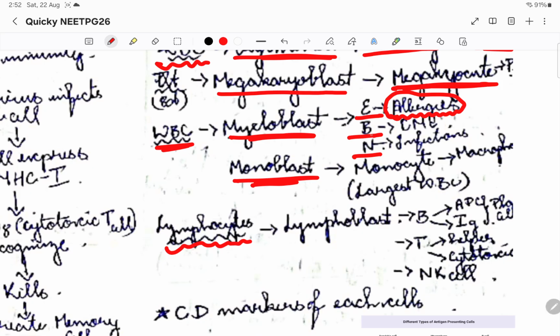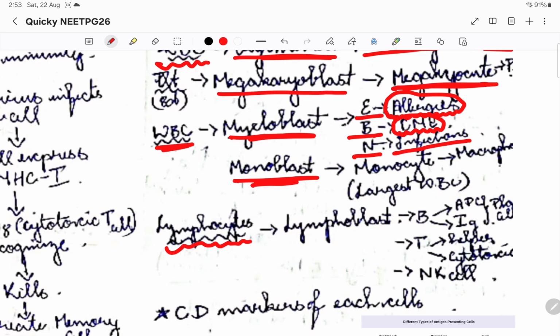Okay, then coming to basophils, they are going to be increased in CML. Okay, we'll come to CML, what is CML and all, we'll be discussing now only. So remember, basophils will be increased in CML. Okay, then coming to neutrophils, they will be raised in infections. Okay, in bacterial infections and all, neutrophils will be raised.